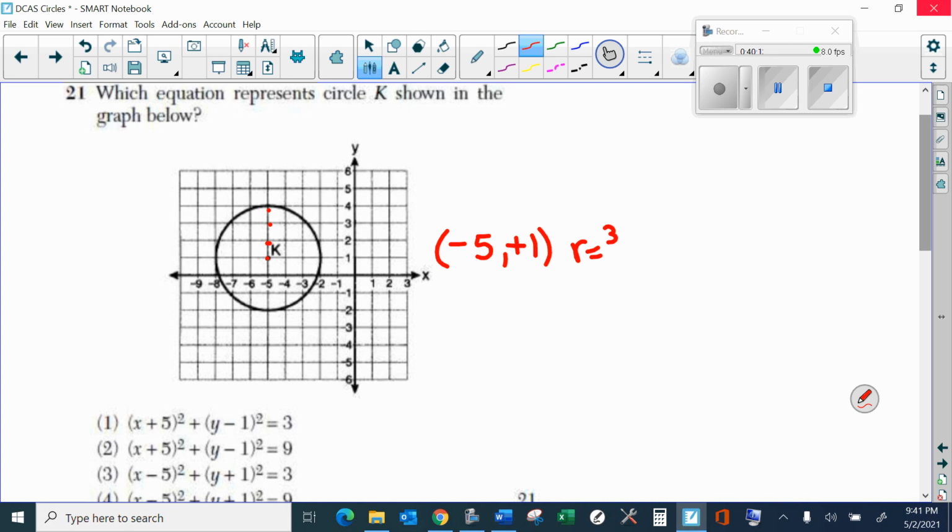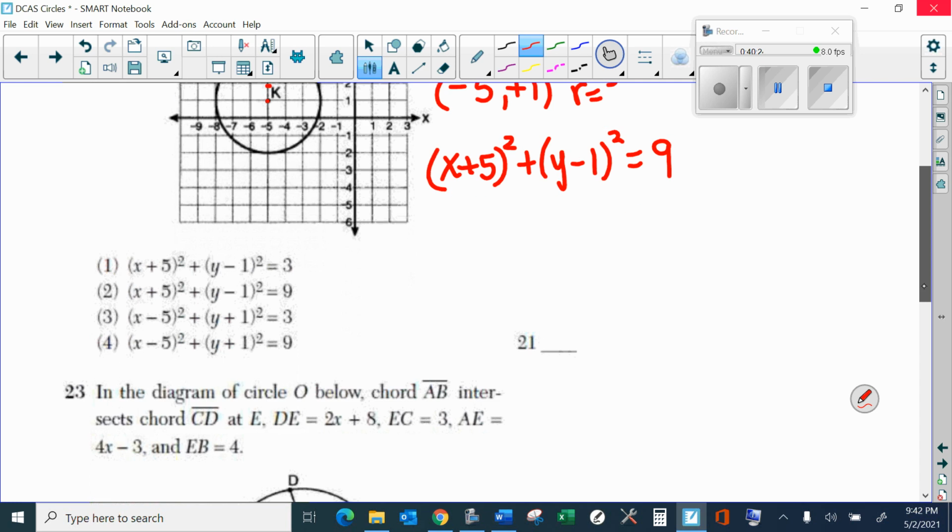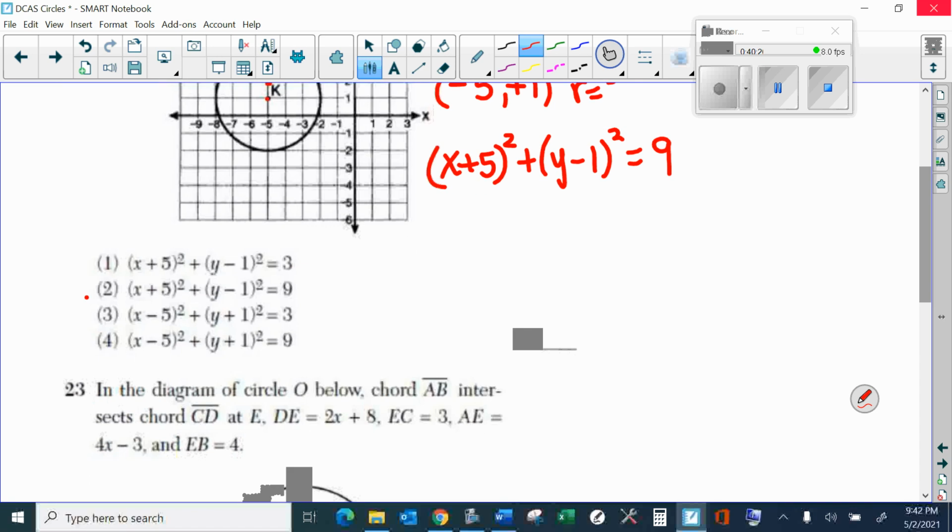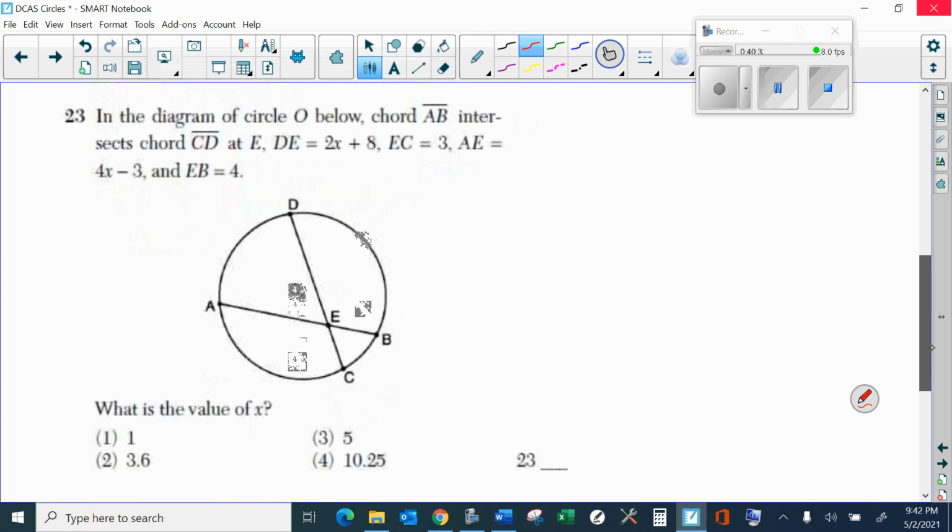Radius equals 3. So we should see x plus 5 plus y minus 1 opposite. R squared is 9. So that's what you're looking for. (x plus 5) squared plus (y minus 1) squared equals 9. Number 2. Okay. These are all the different types of circle problems you can see.